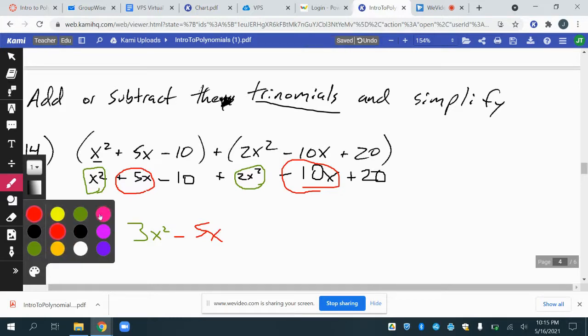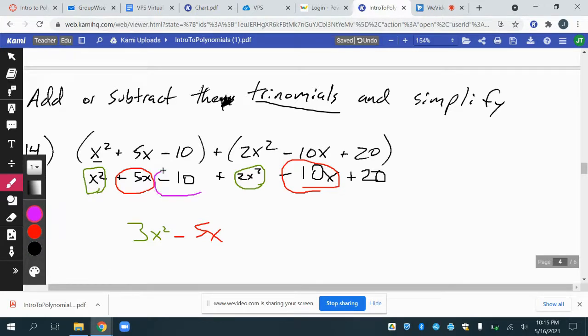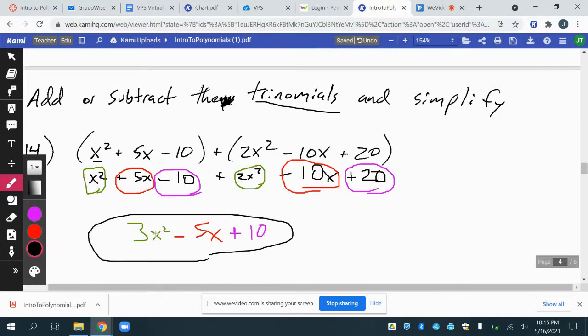And then I'm going to take a look at the non-variable numbers, the constants. 20 and negative 10 is positive 10. Remember that right there, my friend, is the answer.